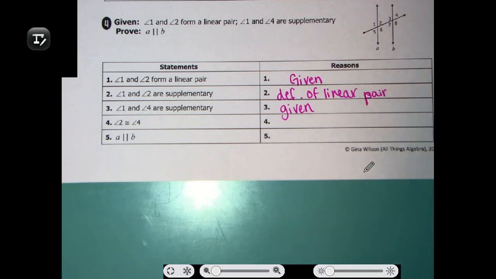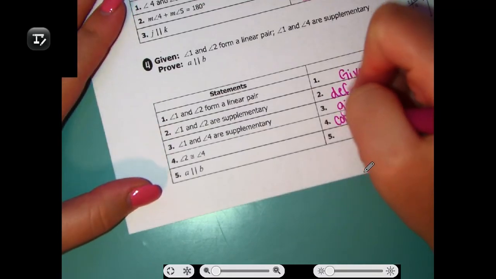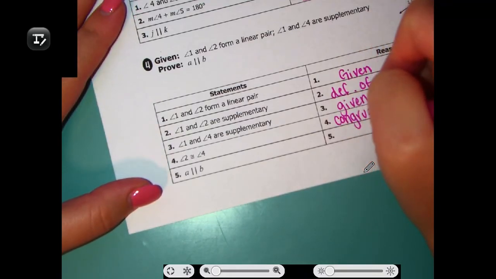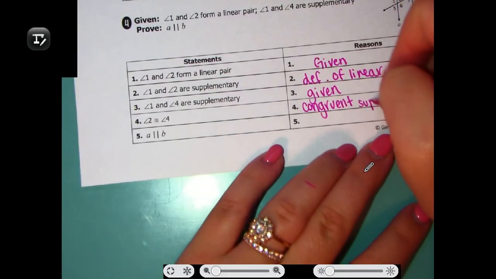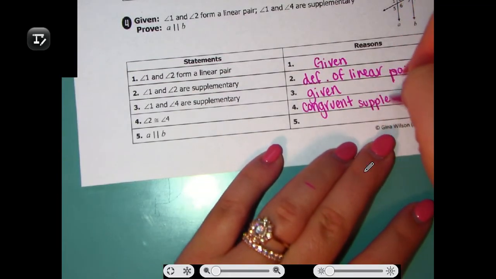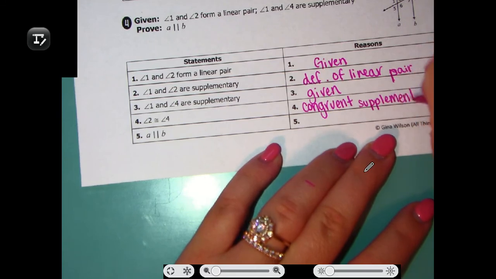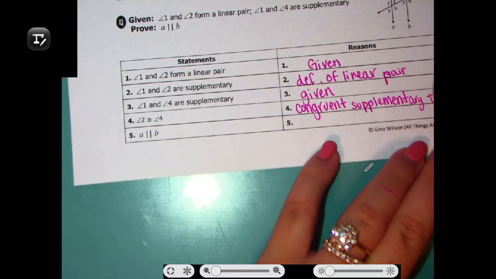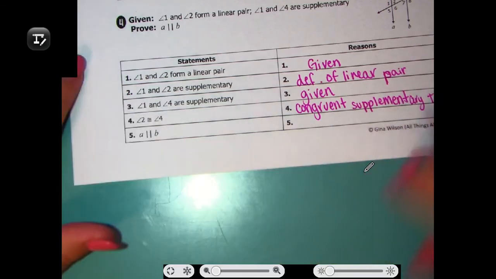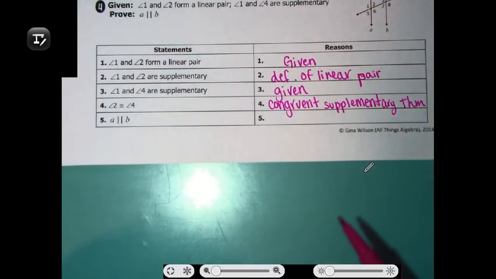This one is going to be the congruent supplements theorem.